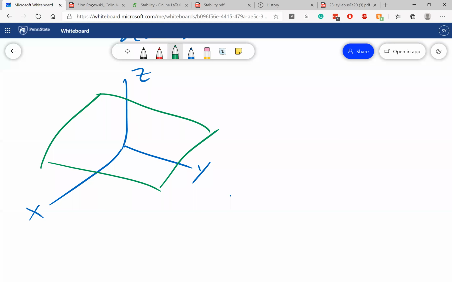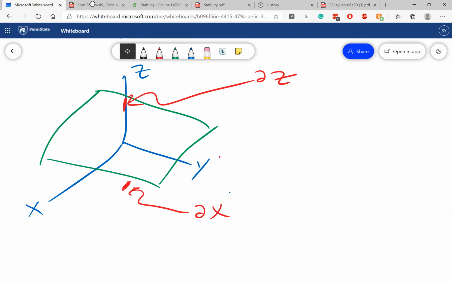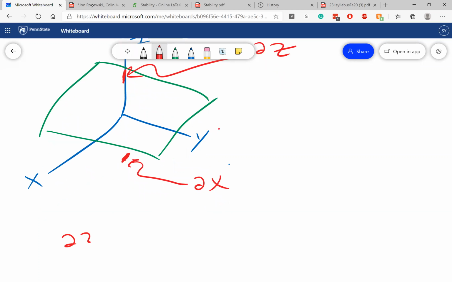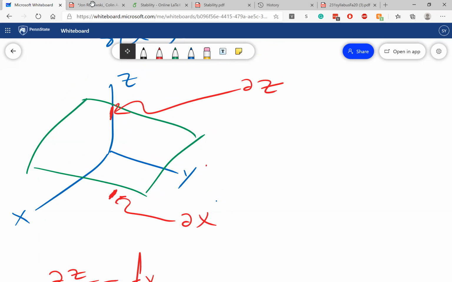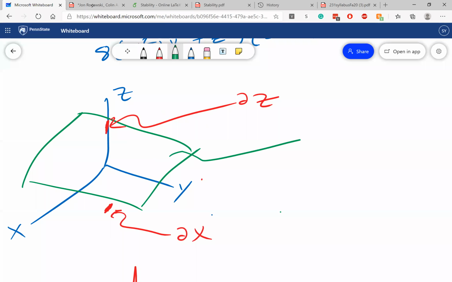Then you can calculate the partial with respect to x, which would mean you take a small step in the x direction, and you want to see how that changes the z direction. We said that the ratio, partial z with respect to partial x, is equal to f with respect to x, where z is equal to f of x, y.